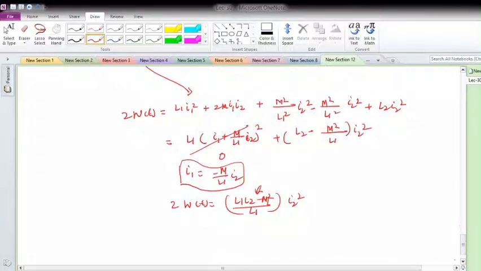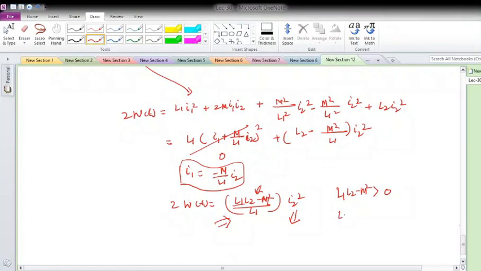So what can be concluded from this equation? We observe that a transformer is basically a passive element, so the energy stored in a transformer has to be always positive. Looking at this equation, I2 square will always be positive, and energy has to be positive. In order to have positive energy, the constraint is that L1 L2 minus M square has to be greater than 0.